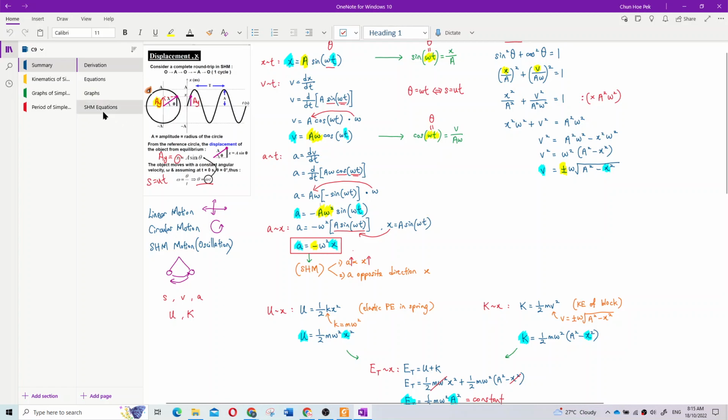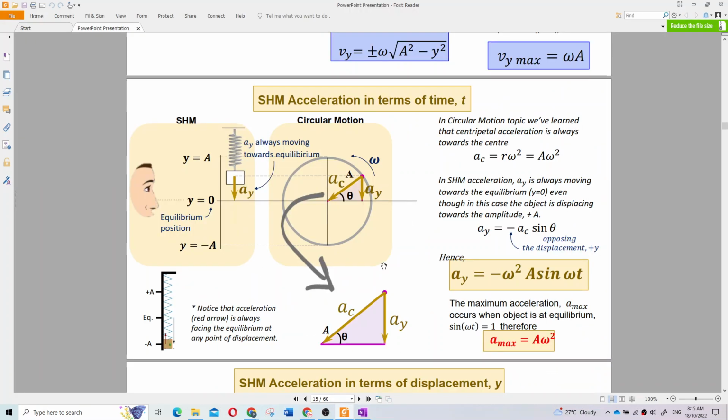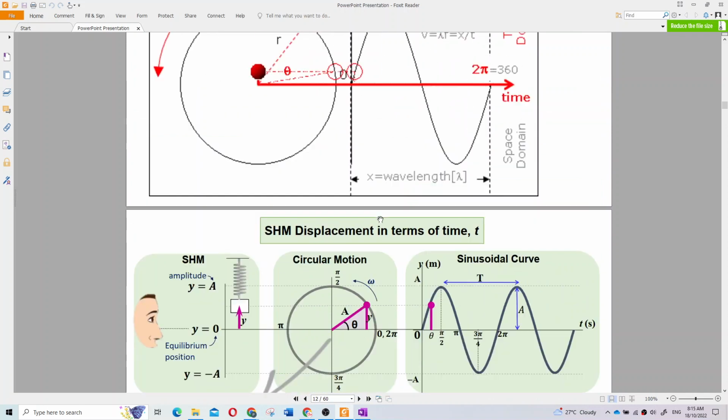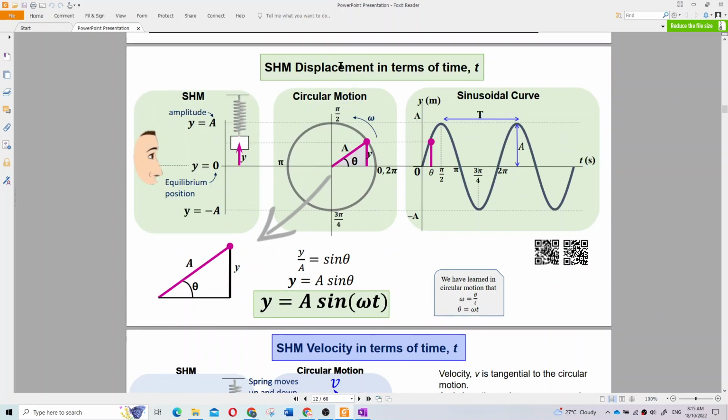Because the displacement is the y component of the amplitude, we put displacement as y so that no confusion happens. If we put x, it becomes the x component of amplitude, which is a bit weird.